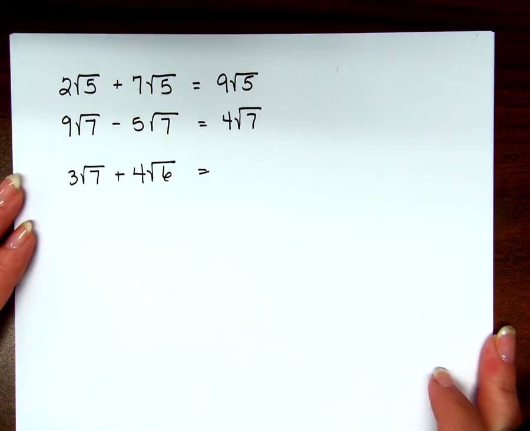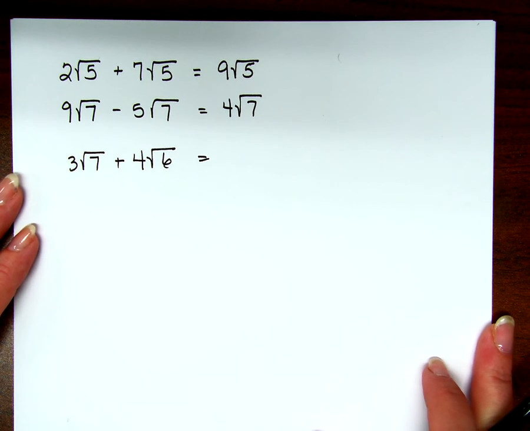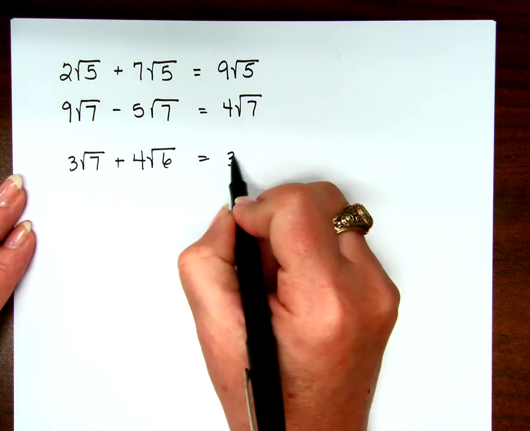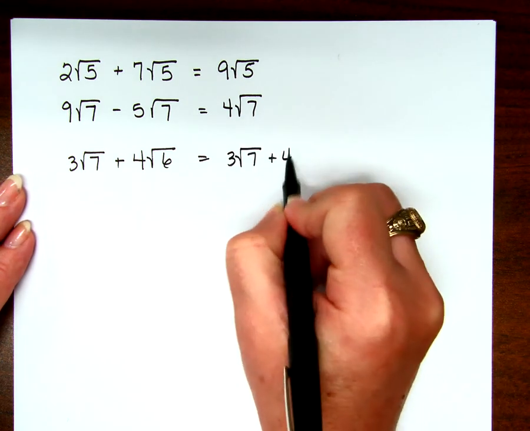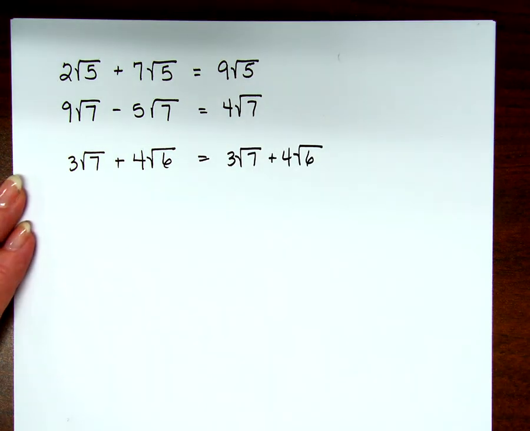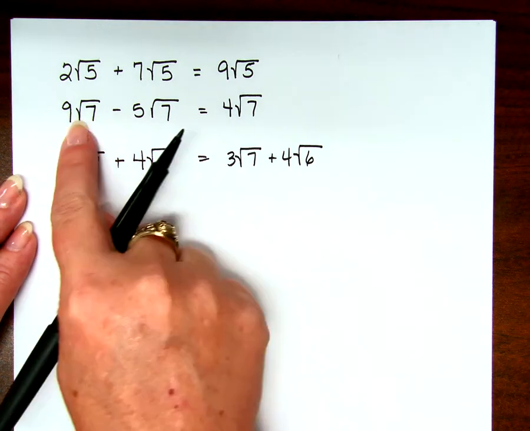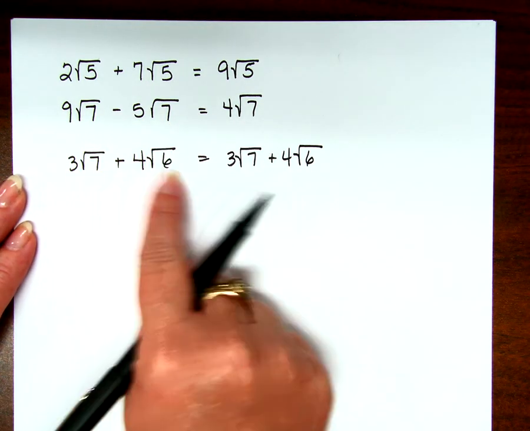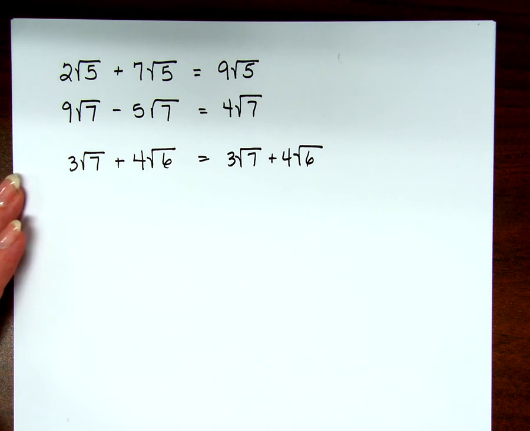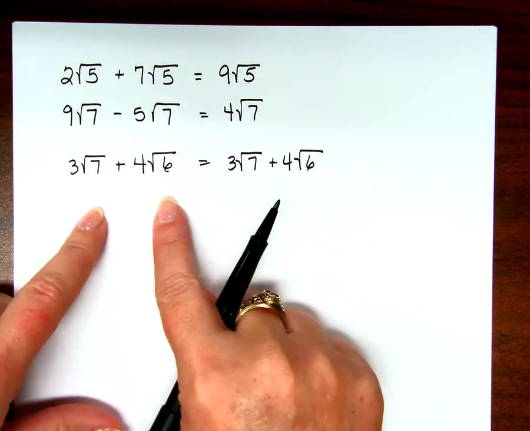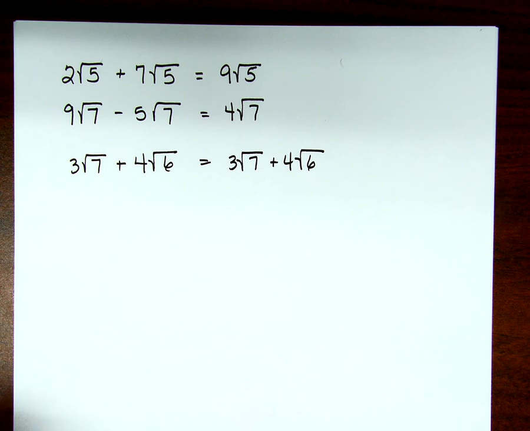Three square roots of 7 plus 4 square roots of 6. If it's acting like variables, can we combine them if they're not the same radical? No, absolutely not. Okay? It's just the same thing because we can't combine anything. There's nothing to simplify.